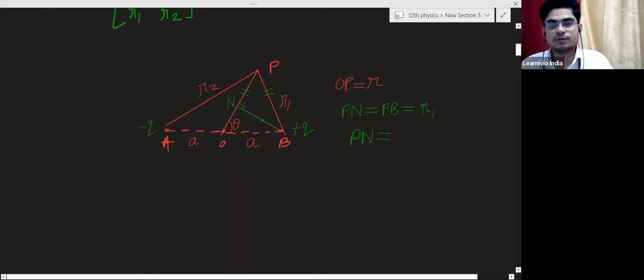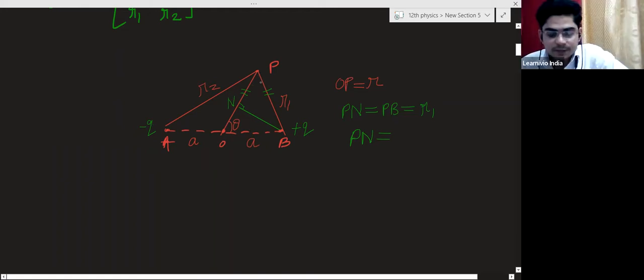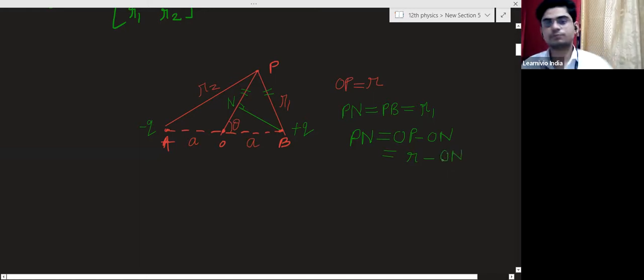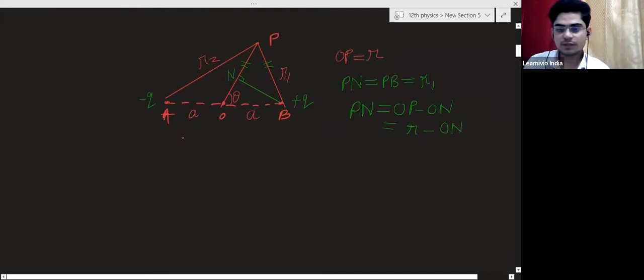We have to write PN in terms of OP and NO, so this will be OP minus ON. What is OP? OP is equal to R, and this is ON. If you miss one thing in the construction, then the whole derivation will get in trouble.